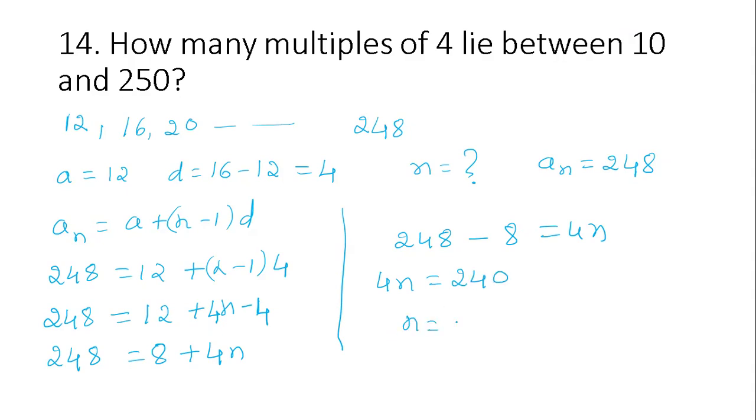N is equal to 240 divided by 4. 4 sixes are 24. This becomes 0. N is equal to 60. N is 60 is the answer.